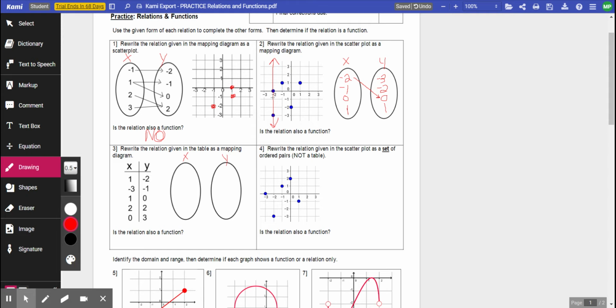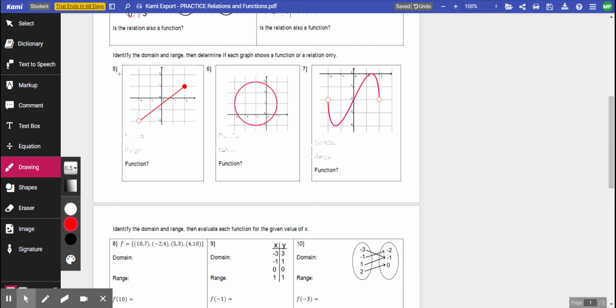That x, it repeats because this is a -2 and this is -2, -3. So that x repeated. Is this a function? No, it is not. Okay. So that's how you have to do these. You see if these repeat, you do the vertical line test on this one. And then you look right here. Do any of those repeat?